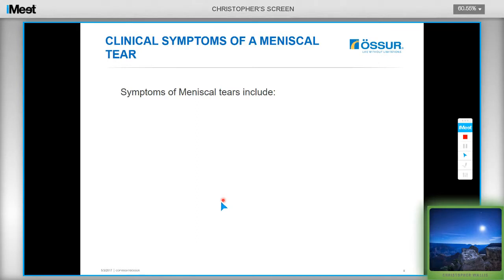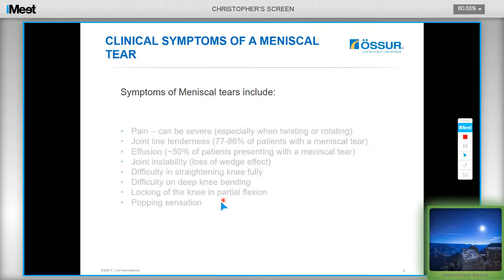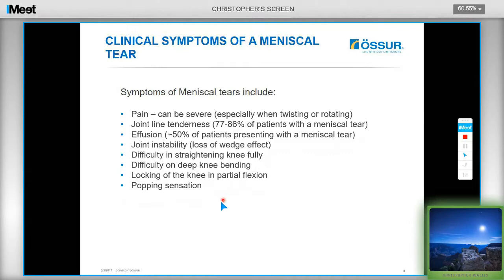It's always good to know what symptoms to look for, and these are the things that usually drive patients to actually get an injury investigated and treated. So we've got some common culprits here. So pain, and that can be severe, and it's most commonly felt when there's a twisting or rotating motion, as confirmed by those clinical tests we've just run through.